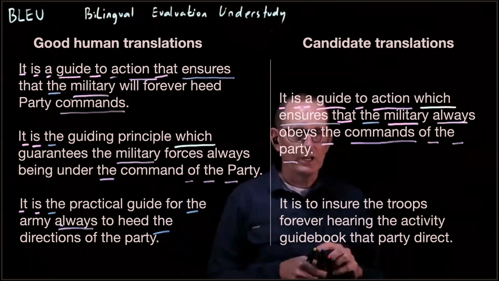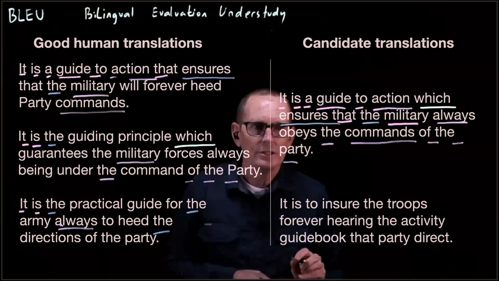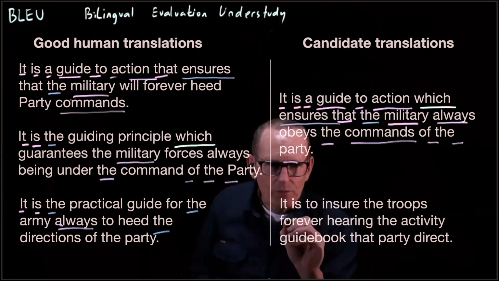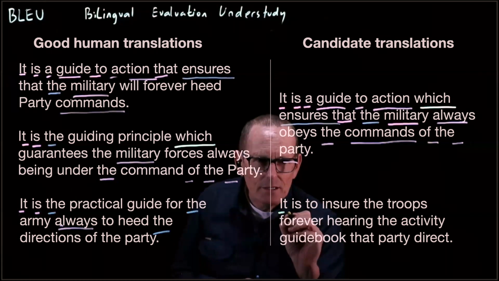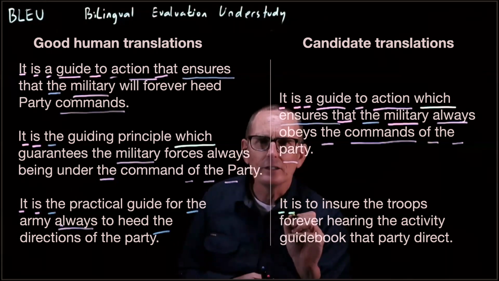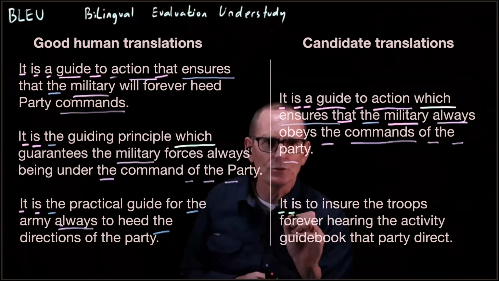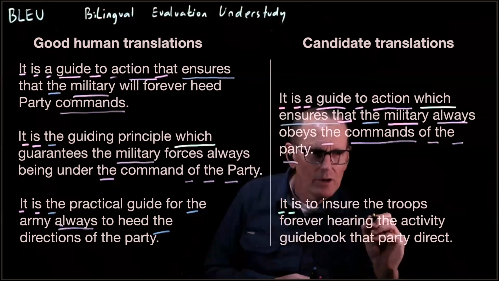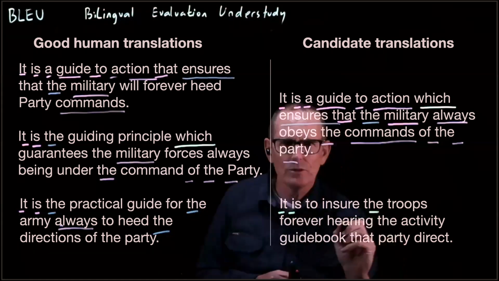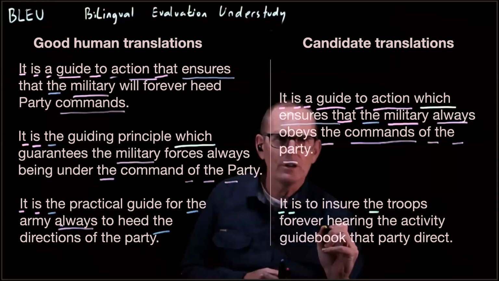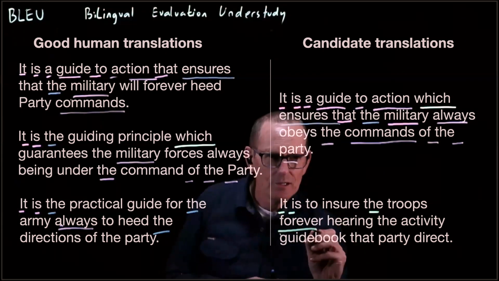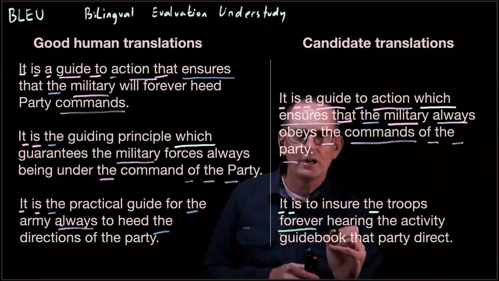If we, on the other hand, look at our second translation, then we've got what? It is, I don't think we have a to or ensure with an I. The we definitely have. Troops, no. Forever, yes. Hearing, no. The, yes.